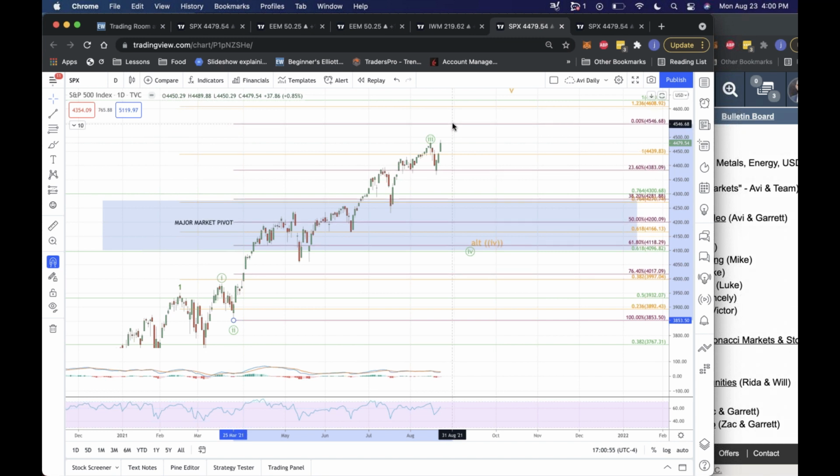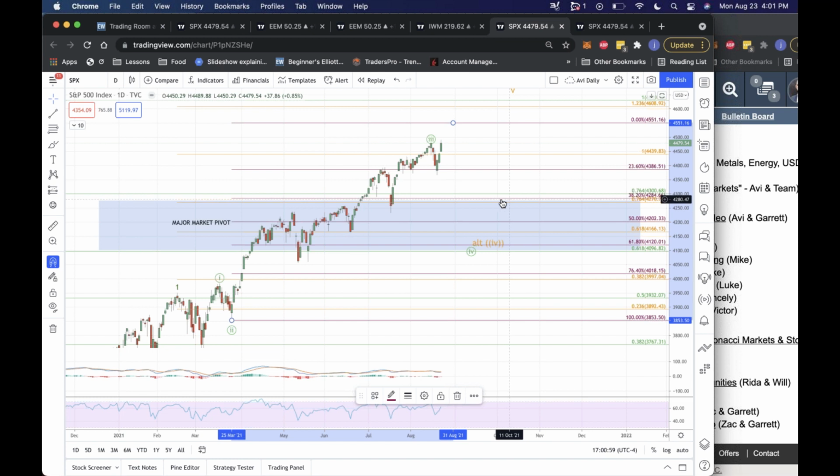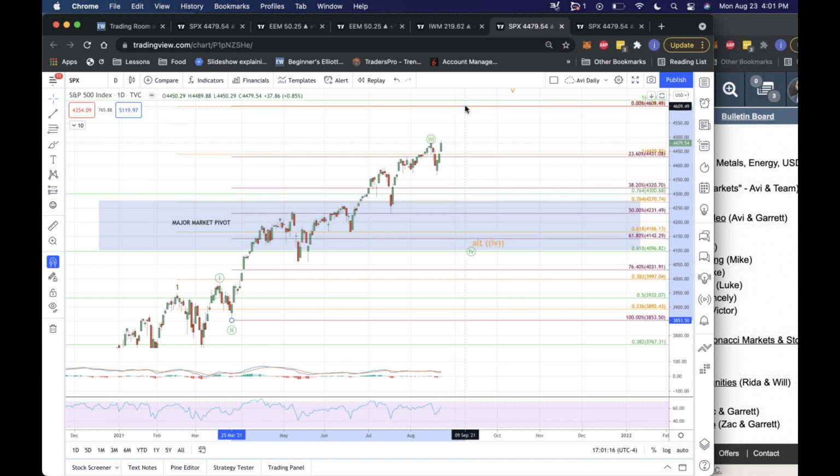But if this extends higher, let's say to 45.50, for example, and we top there, we're still only looking then down to 42.84. It's a little bit more of a pullback, but we also have the prospect of getting a shallower wave four, which only retraces 0.236.